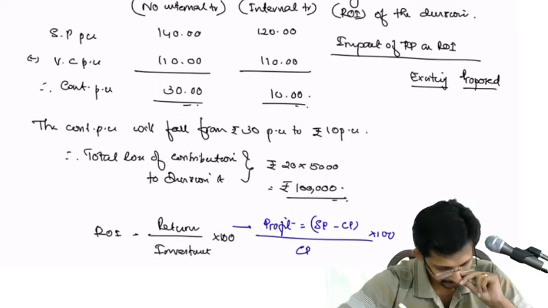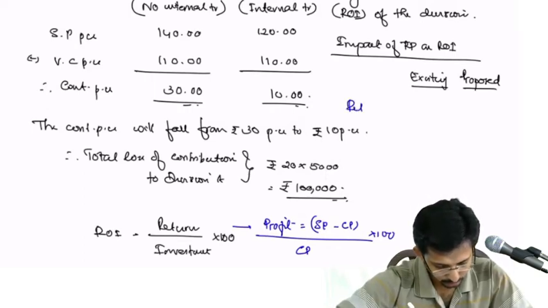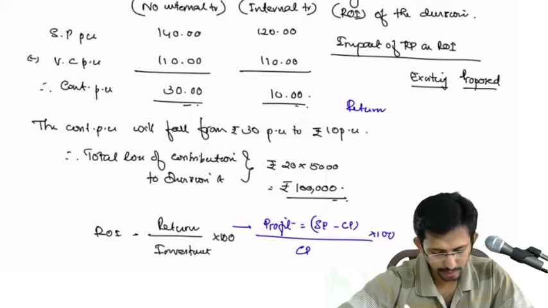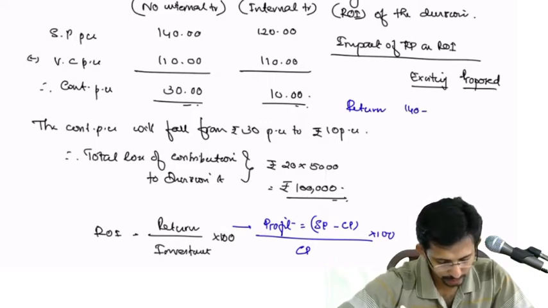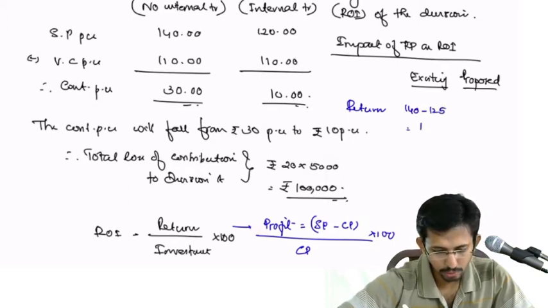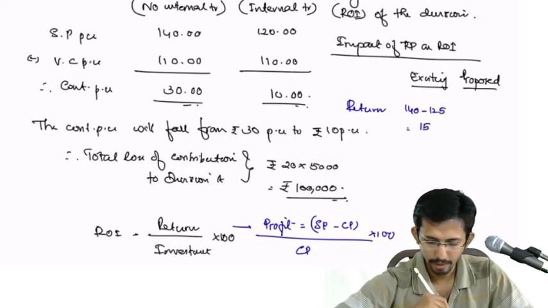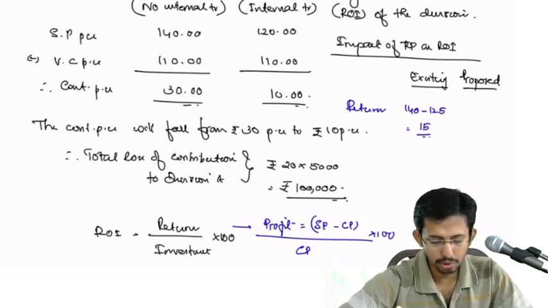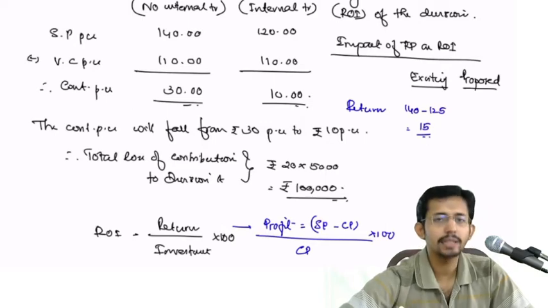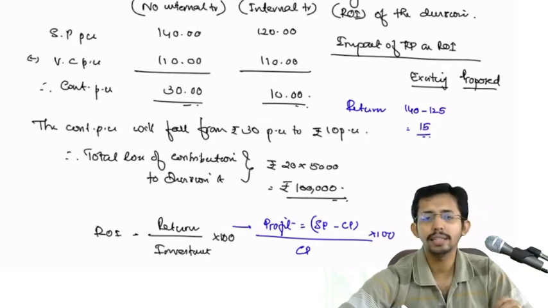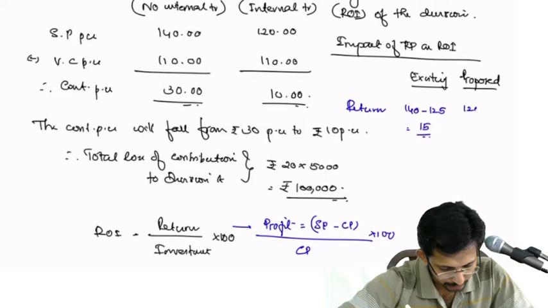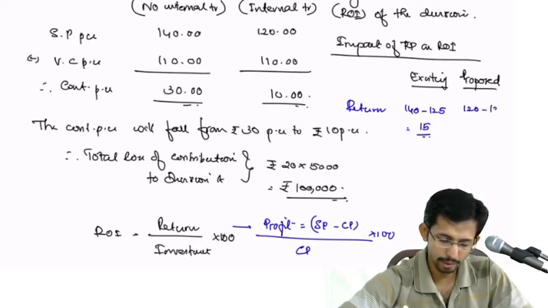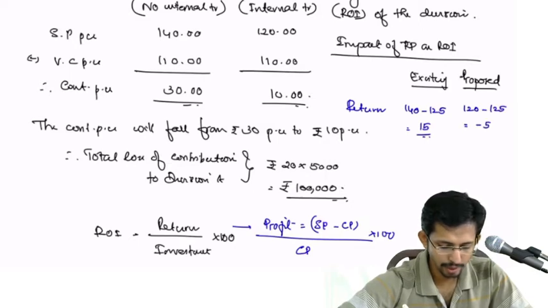So existing and proposed, return: existing, it is 140 minus the total cost 125, that is equal to 15. Okay, whereas in the revised or proposed situation, the transfer price or revenue to the selling division will be only 120, and the total cost is 125 itself. So 120 minus 125 will be minus 5 per unit.